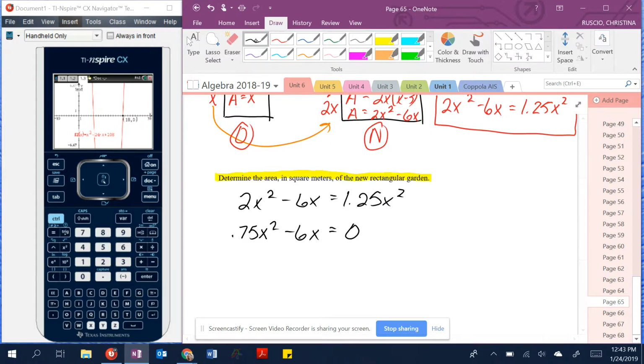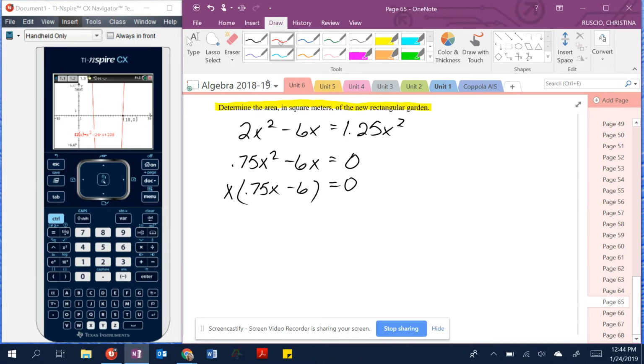It looks like it has a GCF. I mean, we could try to pull out a GCF of the decimals, but let's just pull out the GCF of x. Do you guys see that there's x's that are common to both terms? So 0.75x minus 6, which means I'm going to show some math here. We're going to set both of those parts equal to 0.